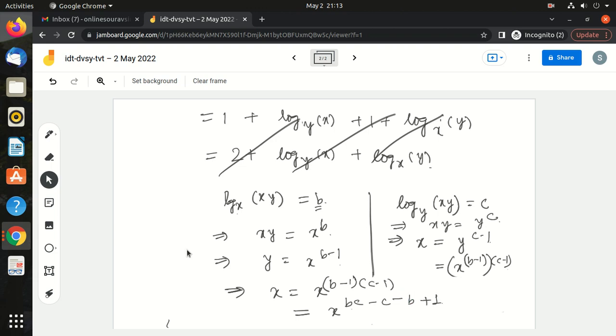Is it okay? But for exponents, shouldn't we add them only, not multiply them? No, something raised to... So x to the power a, whole to the power b, is equal to x to the power ab. What you are saying is x to the power a times x to the power b, which gives a plus b.